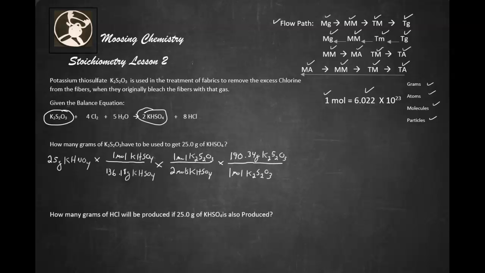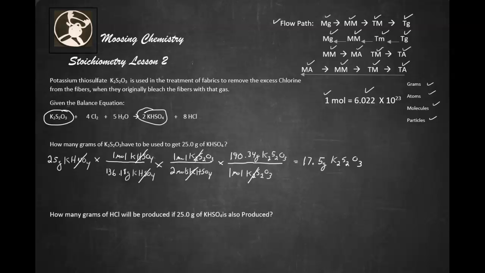All right, now we're ready to solve the problem. So grams cancel grams, moles cancel moles. See that? All that's left is grams of K2S2O3, which is what we're looking for to start with. So this will give me 17.5 grams of K2S2O3. That's pretty darn snarly.